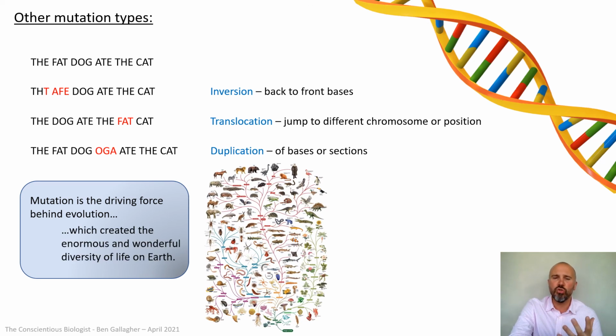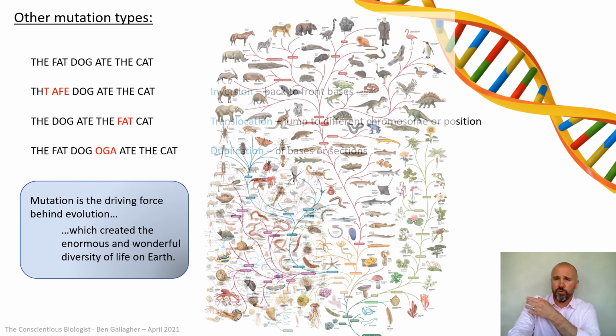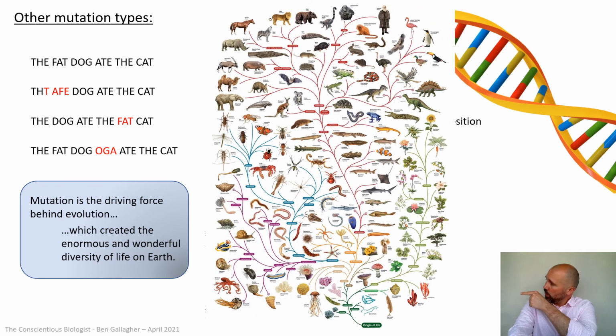Now, of course, I've mentioned in the last slide, mutation is the driving force behind evolution, which created the enormous and wonderful diversity of life on Earth. If you've never seen this absolutely brilliant tree of life diagram before, I'll enlarge it for you here. You can see right at the bottom here, the origin of life, so the first life that ever existed. Everything else on this diagram, right the way up to Charles Darwin as the human representative at the top there, has come along by many, many generations of mutations, making each subsequent form of life slightly more complex, slightly more adapted than the previous ones, giving you this vast range of life.